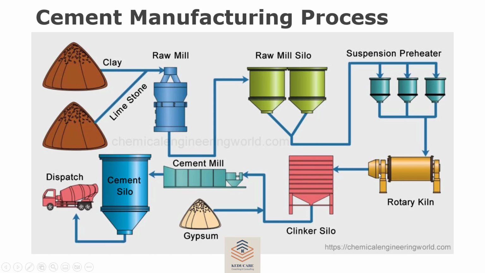The aluminates and silicates fuse together to form small, hard stones known as clinkers. As I told you, those are small ball-like stones. They are burned at controlled temperature, and the quality of those clinkers is very important for the quality of the cement that we desire.